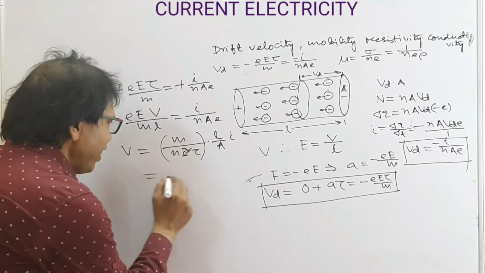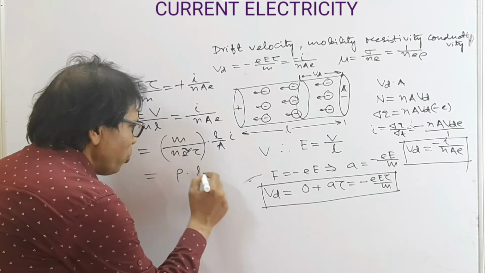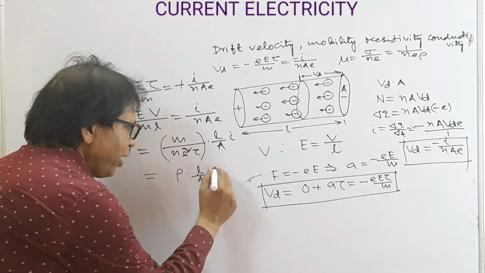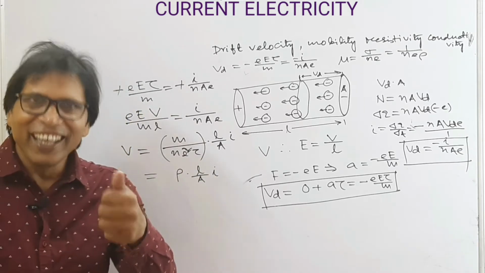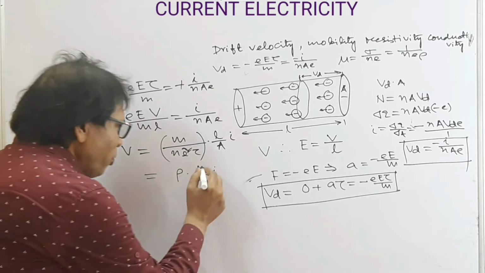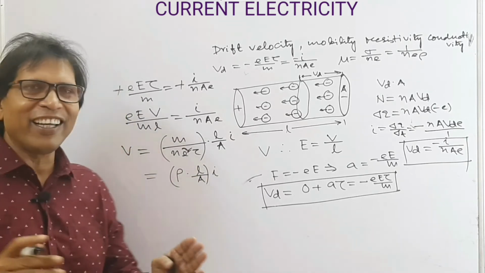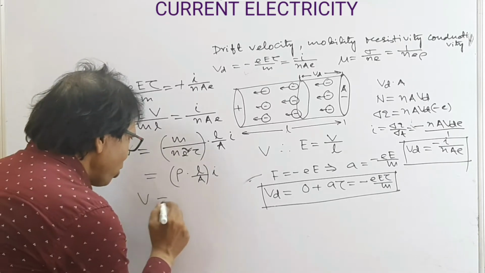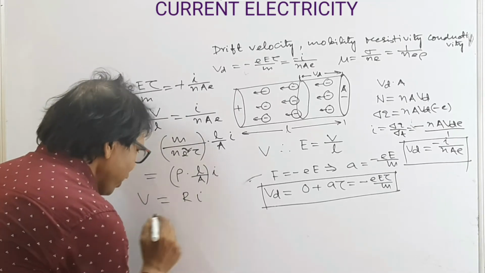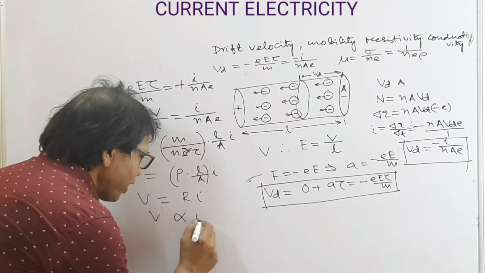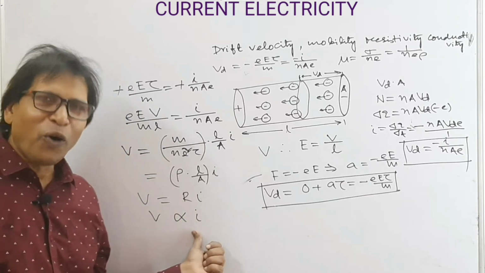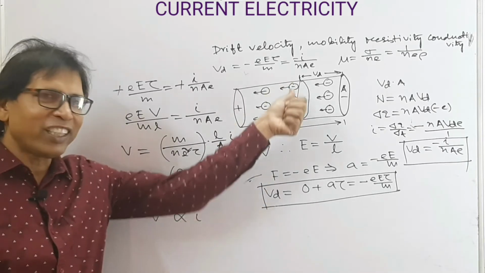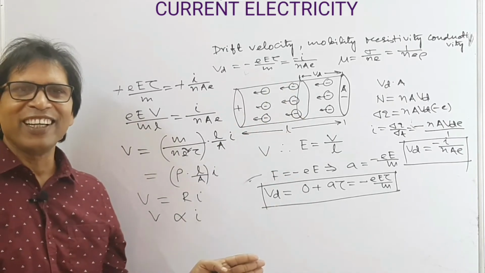So resistivity ρ into l by A into I. Understand? Next. Now look at this, ρl by A is the resistance of the conductor. So V equal to R into I. So V proportional to I is Ohm's law. So Ohm's law is obtained from the concept of drift velocity.